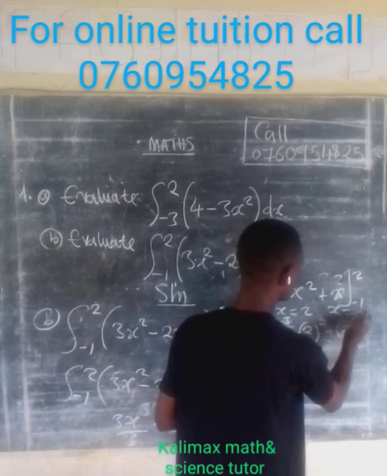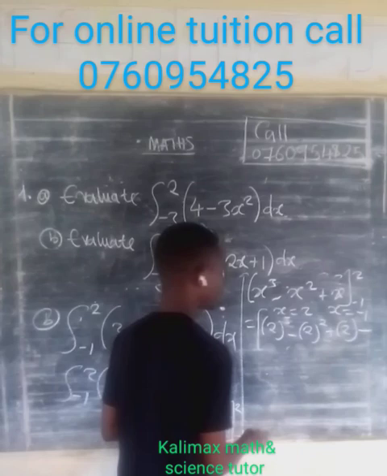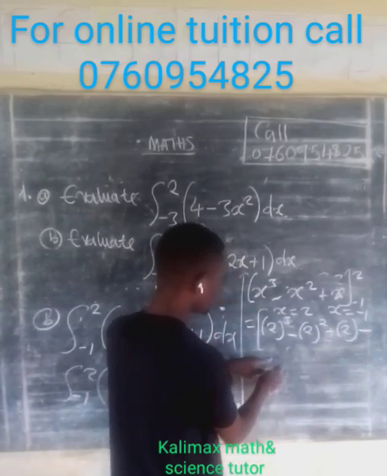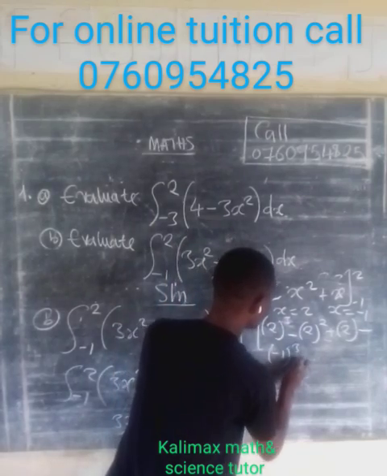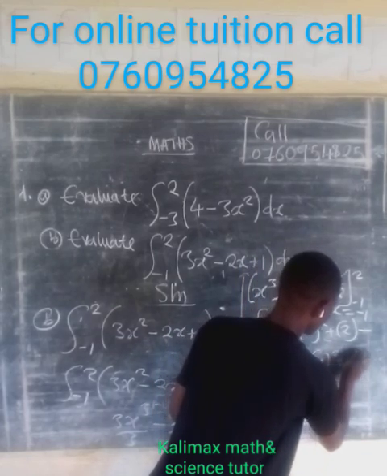Again, we say x is equal to -1. So where there is x, we put it. Remember there is minus here. I can write the lower limit part here, which is -1 power 3 minus -1 power 2 plus -1.